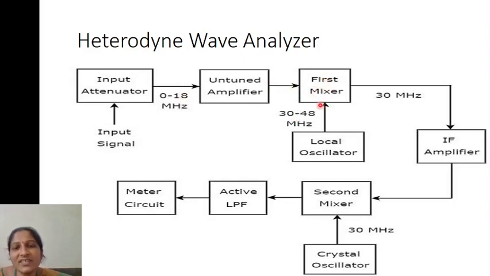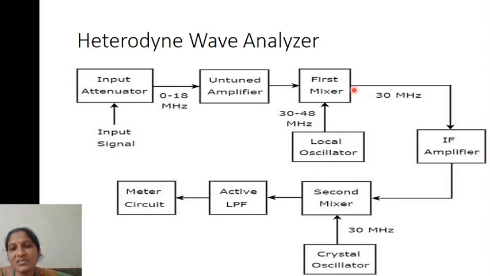What this first mixer does is take the difference of the two frequencies, that means the frequency coming from the input signal and the frequency set by the oscillator. Here we are considering 18 megahertz as the input frequency and 48 megahertz as the oscillator frequency.